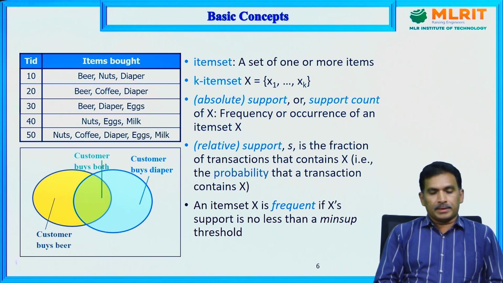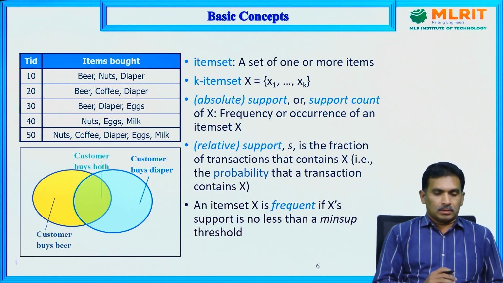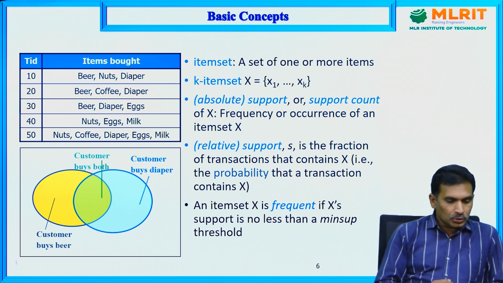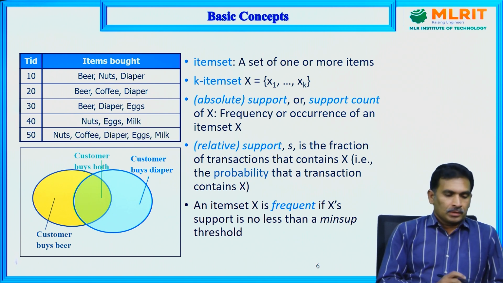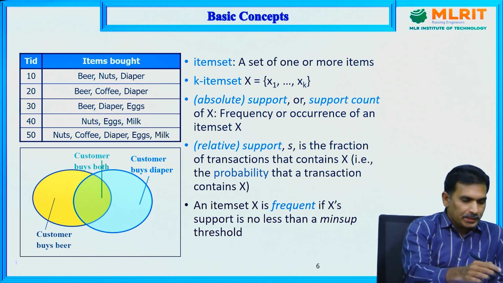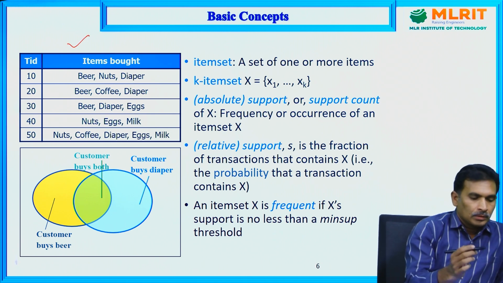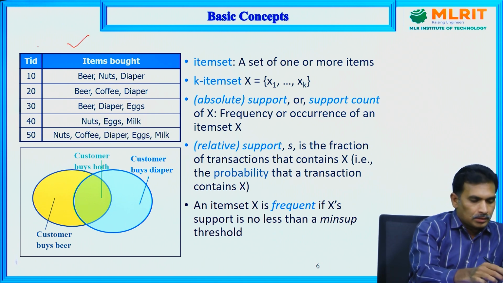Let us quickly recall the basic concepts, though I explained all this in the previous lecture. This is a transactional database. Here you can see there are two columns.